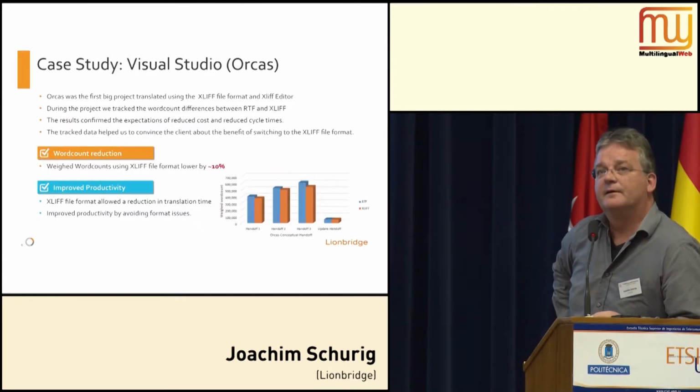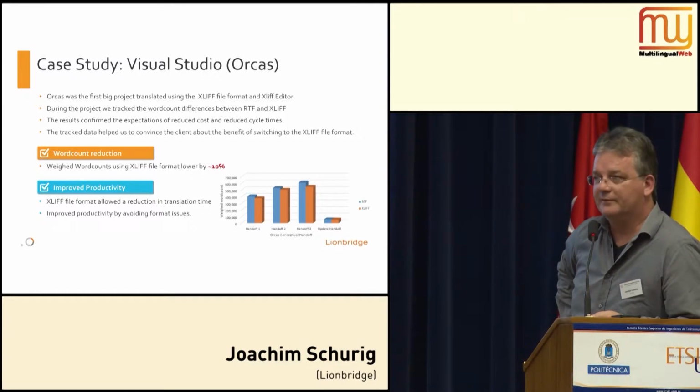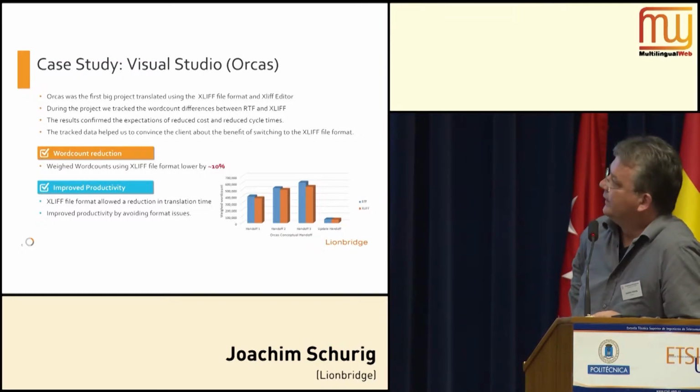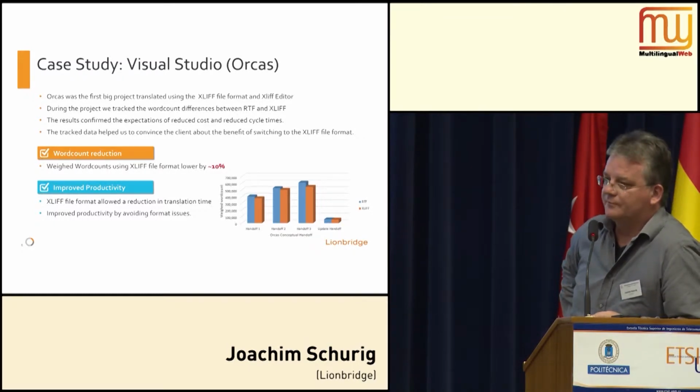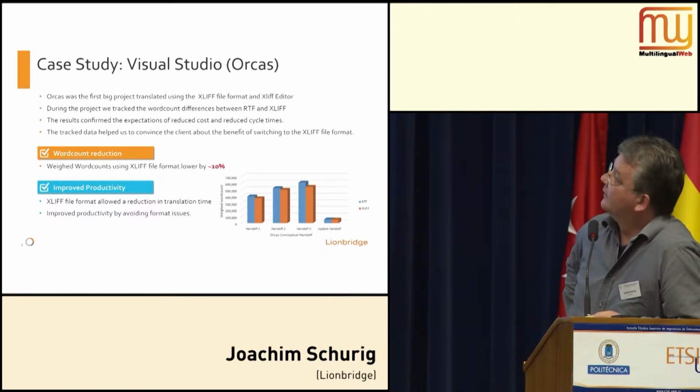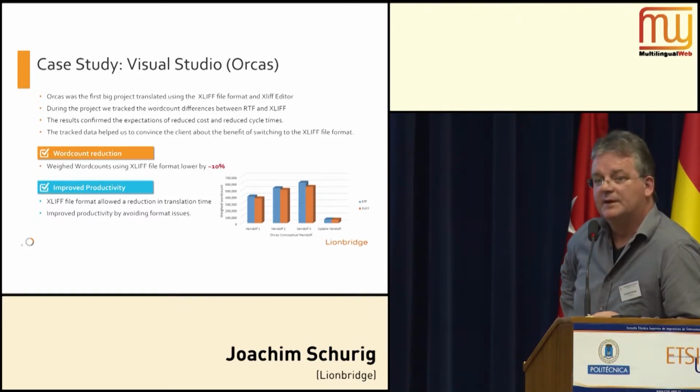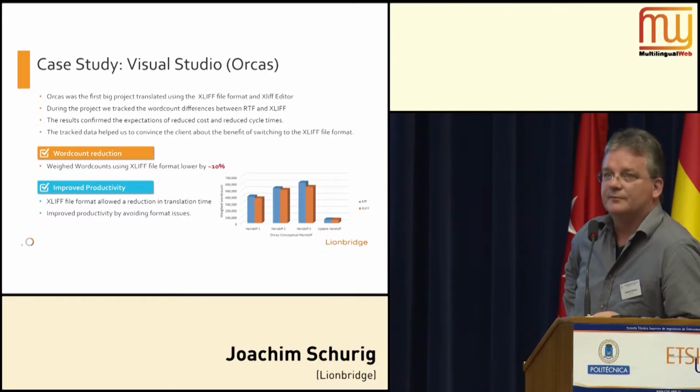This gave us a benefit over the previous way of using RTF, various editors and so on, which we can measure, for example, in one large project, Visual Studio Orcas, the first large XLIFF project we ever did, as a 10% reduction in cost. And obviously reduced errors, reduced problems, and so on.